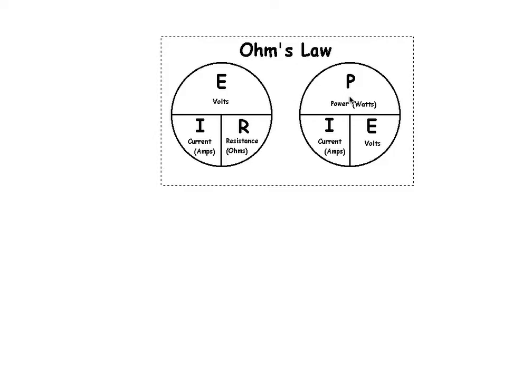When we talk about that amount of work done, we're talking about the number of watts of work that is done. There's a whole bunch of different ways to measure work done, joules and all kinds of stuff like that, but we're just going to stick with watts for our purposes here.